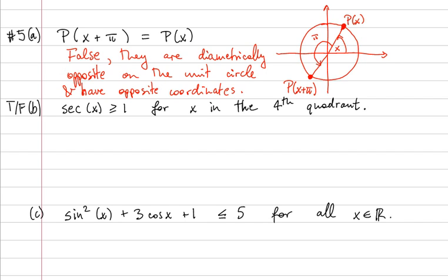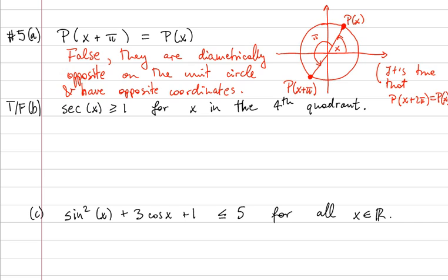What is true is if you add 2 pi to an angle x, then you're going one more full circle and you are landing at the same point where x is.